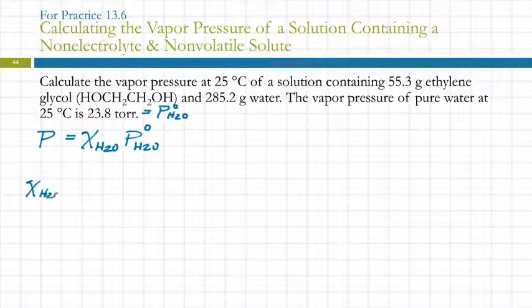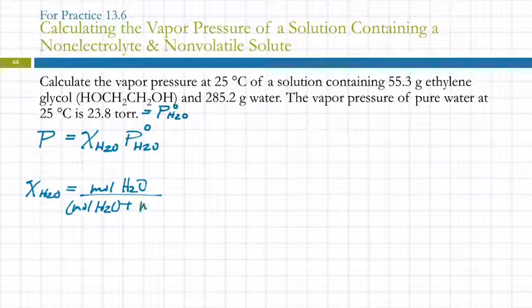So the mole fraction of water is going to be moles of water divided by moles of water plus moles of ethylene glycol. I'm going to call it EG. Well, we've got masses, right? So we've got 285.2 grams of water.